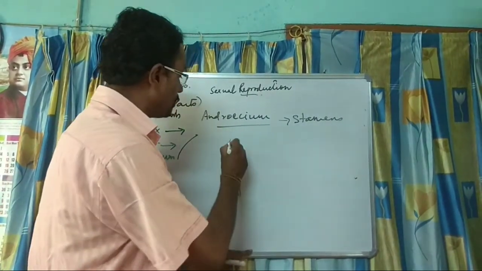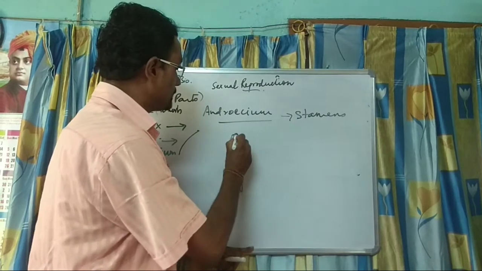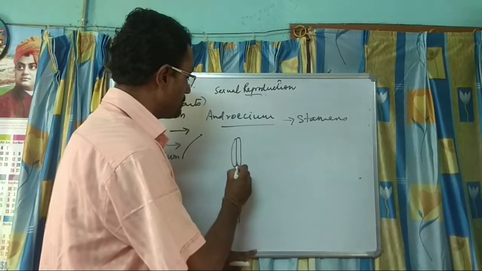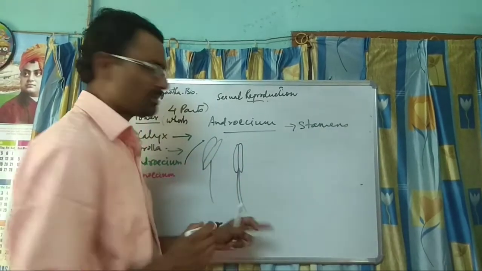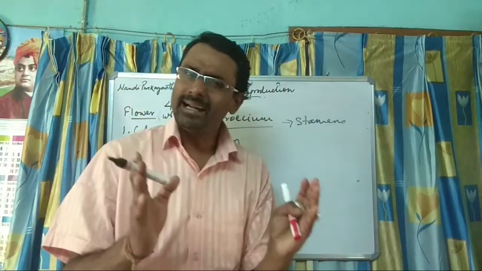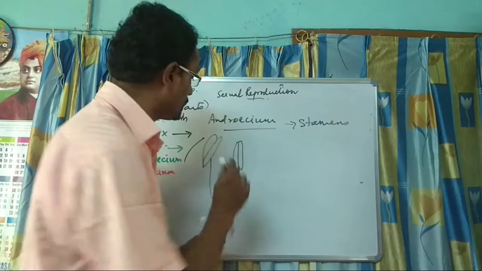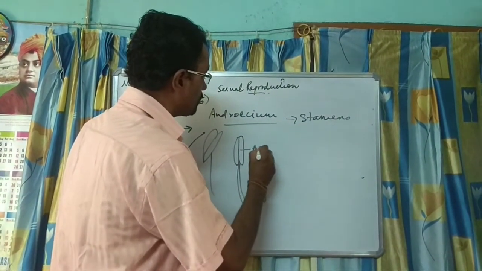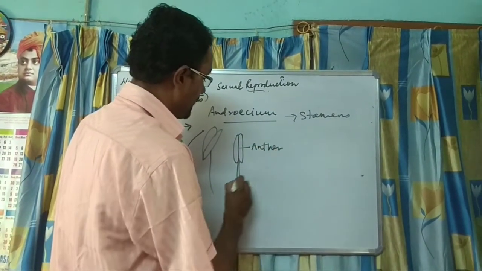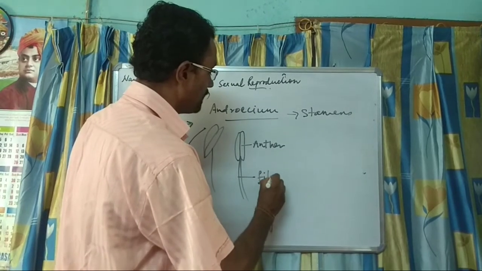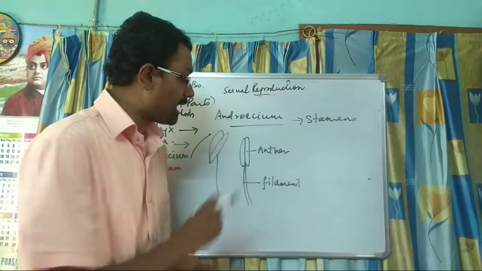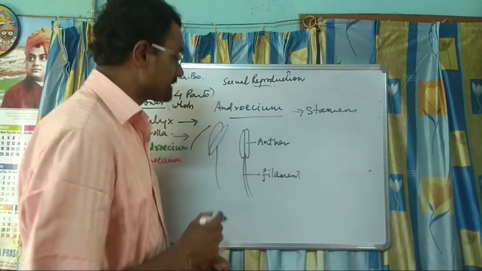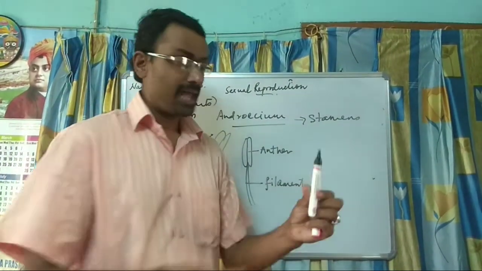I am drawing one stamen like this. It may be like this, any form. But generally, a stamen has two parts. The upper part is known as anther and the lower one is called filament. Most important thing: upper part is anther and lower is filament.